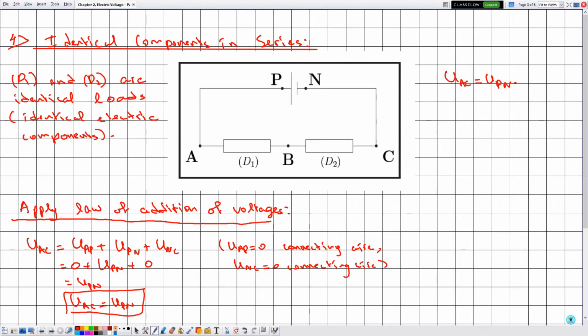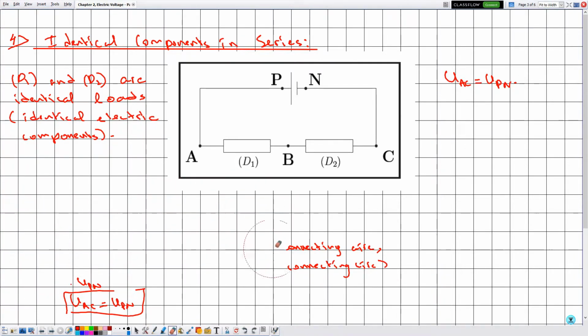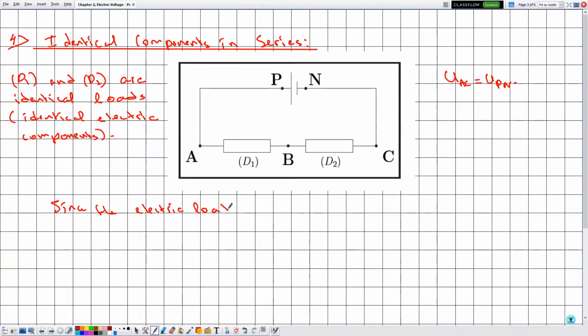And now let me say the following. Since the electric components or electric loads are identical, then they have the same voltage.